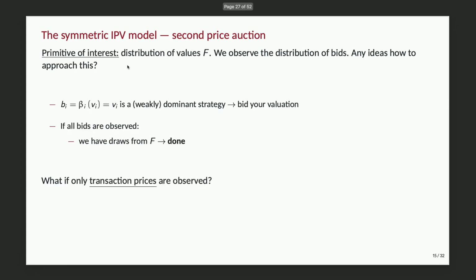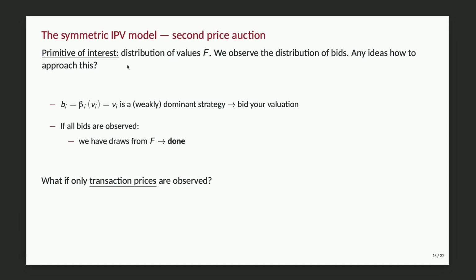I hope that you see this, right? This is almost immediate. I know that in this case, my bids are equal to the valuations. This means I directly observe the valuations. So it's trivially identified, because for every bidder I have a direct correspondence between that bidder's valuation and bid.